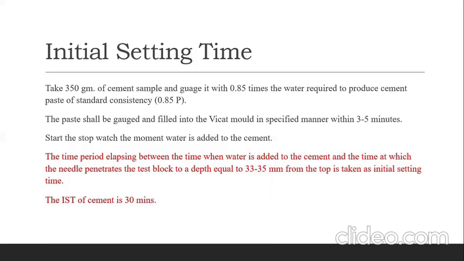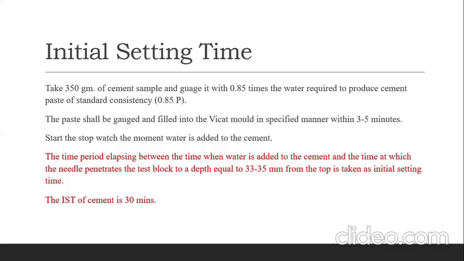If the penetration of the needle is 33 to 35 mm from the top, then that represents the initial setting time. If it is not reached, you have to wait for another 5 minutes, allow the needle to pass through the cement paste again, and check how much it has passed. Again, if not, you have to continue the procedure every 5 minutes.